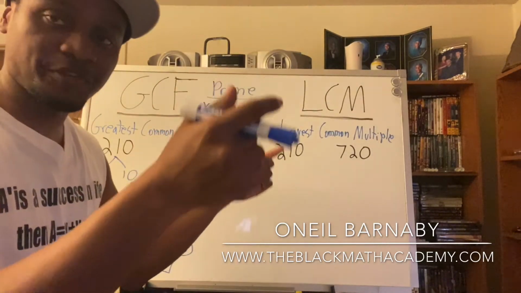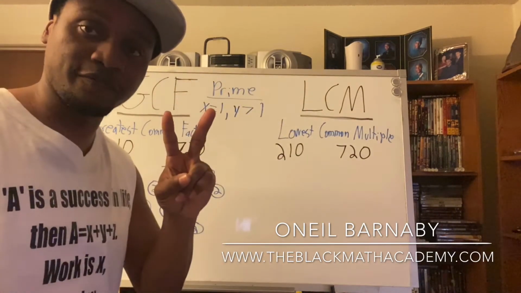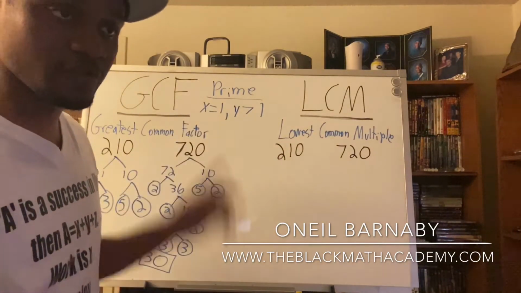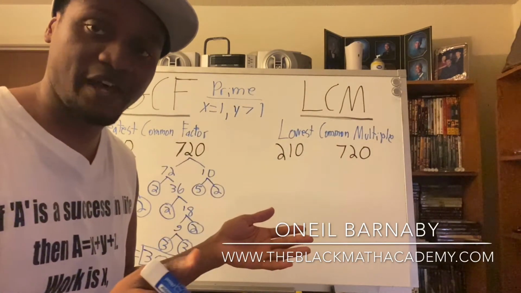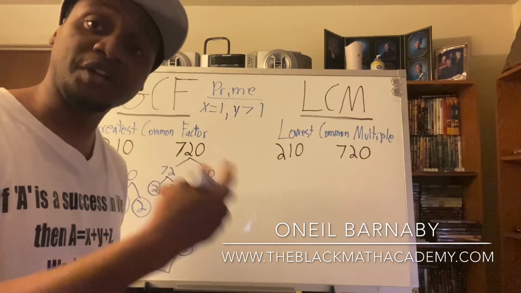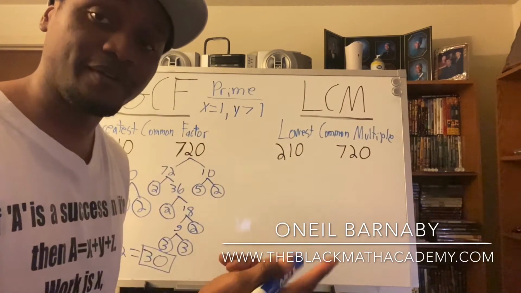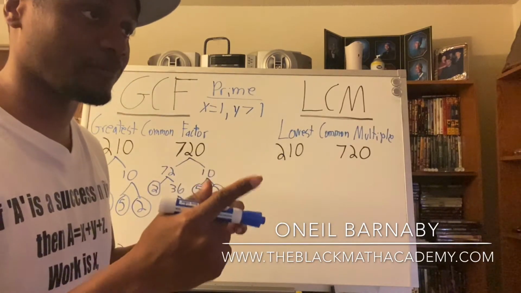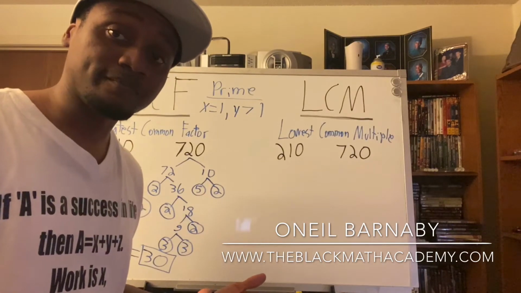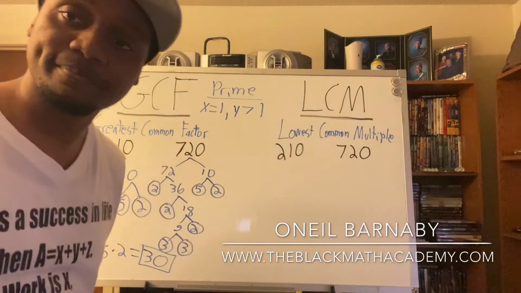When you can't split them any further because they both have only 2 factors, 1 and itself. And because between those 2 values, 7 and 5, they don't have any common factors, the GCF between them would just be 1 because every number has 1 as a factor. So the GCF between 2 numbers, if they don't have any common prime factors, would be 1. So that's also helpful for a problem like that too.